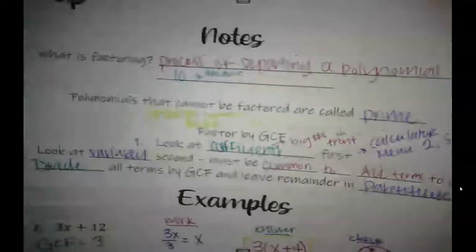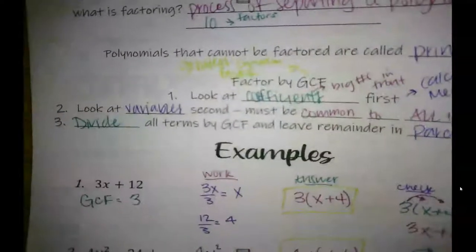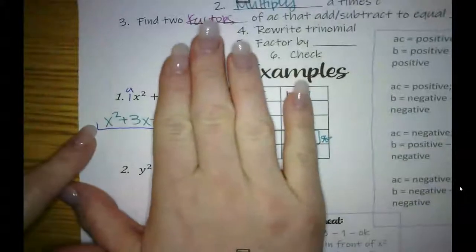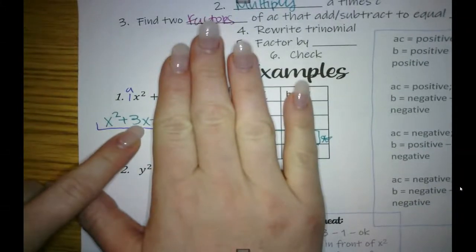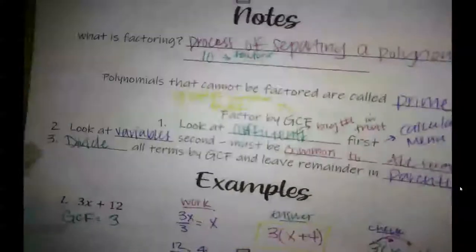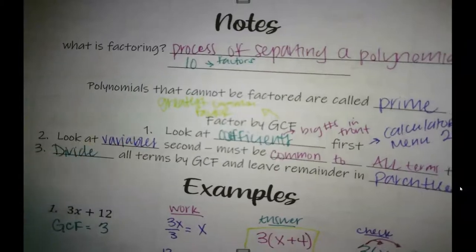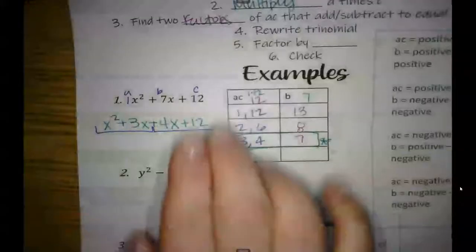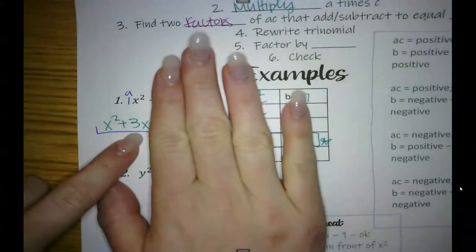So what did we do here? Our first step was looking at the coefficients first. On this side, we've got a 1 and a 3. We don't have a greatest common factor between 1 and 3. Second step was to look at our variables, and our variable has to be common in both terms. Do we have a common variable? We do.